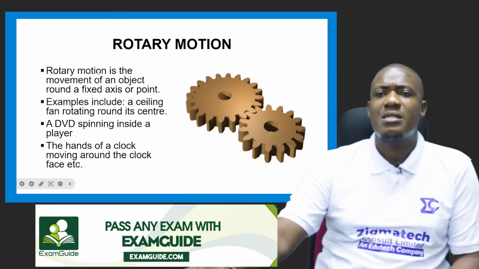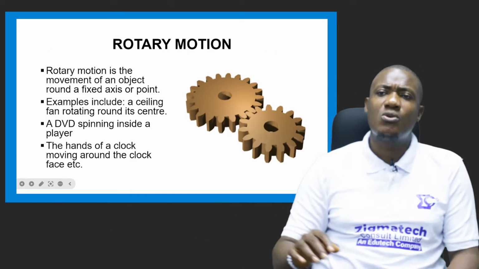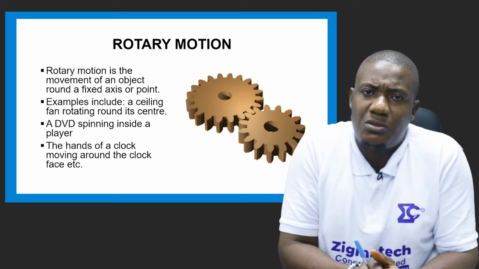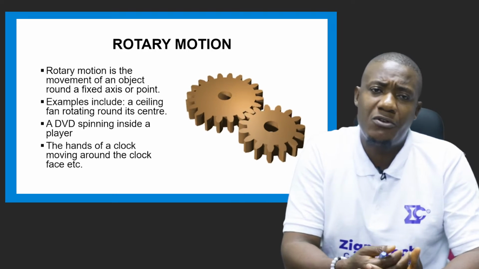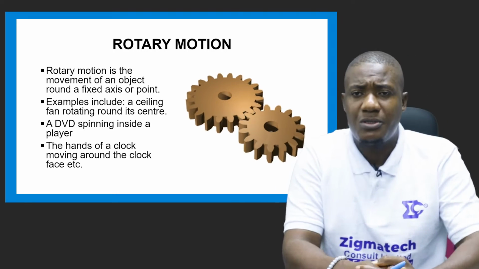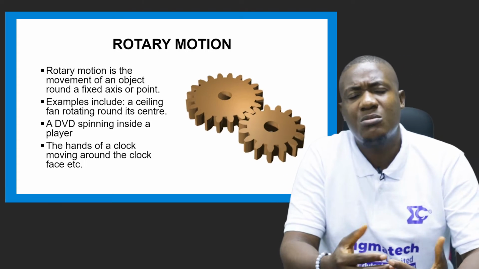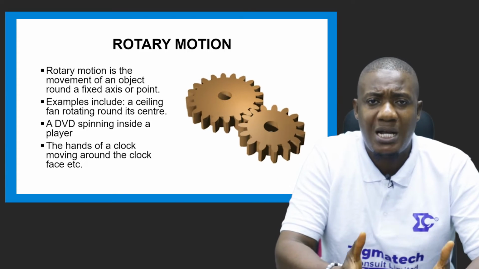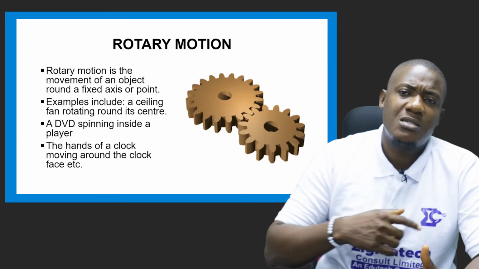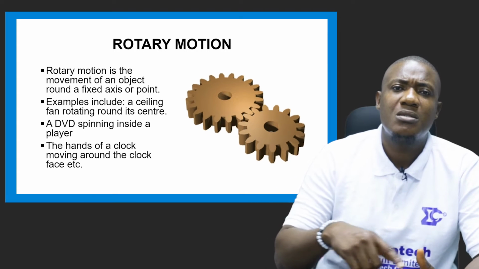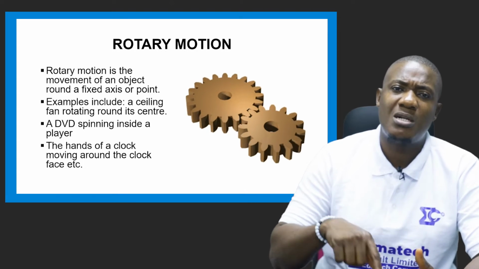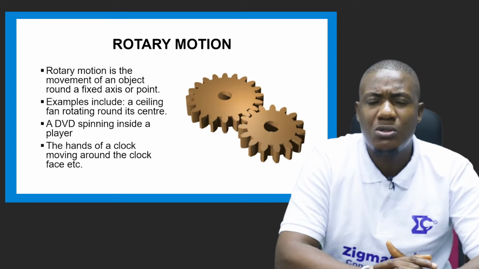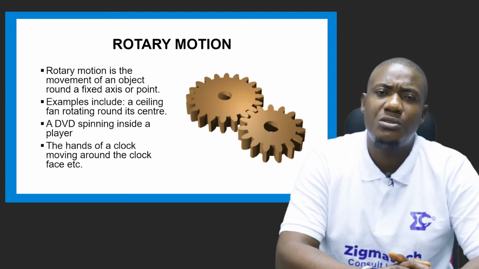Okay, so let's look at rotary motion. Another name for rotary motion is rotational motion. Rotary motion is just the movement of an object around a fixed point or a fixed axis. If an object moves in a concentric circle about a fixed point, such motion of the object is called rotary motion.